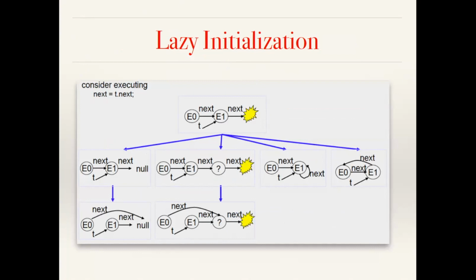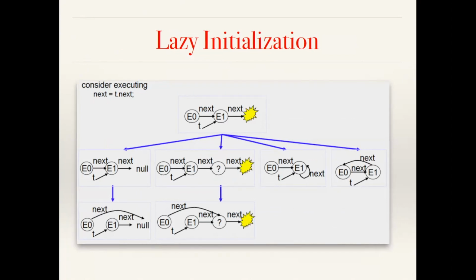Intuitively, we start with a list that has uninitialized inputs, and then we lazily concretize that list into different kinds of lists according to aliasing possibilities in the inputs.